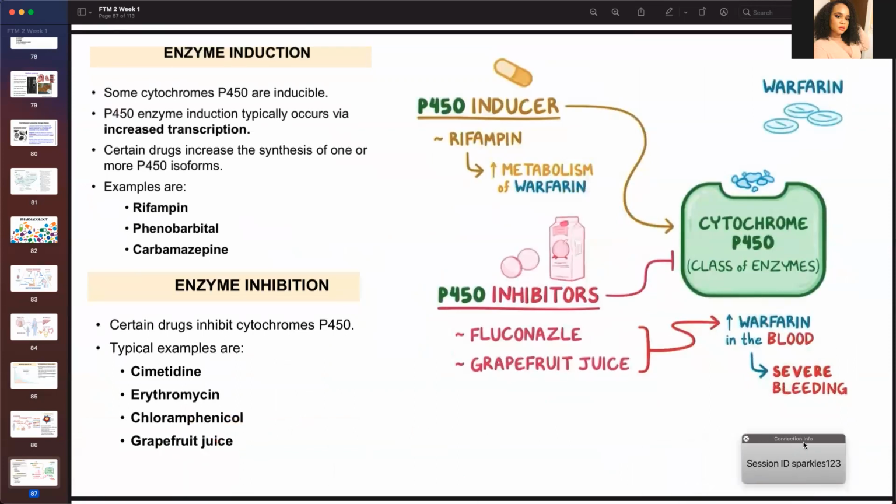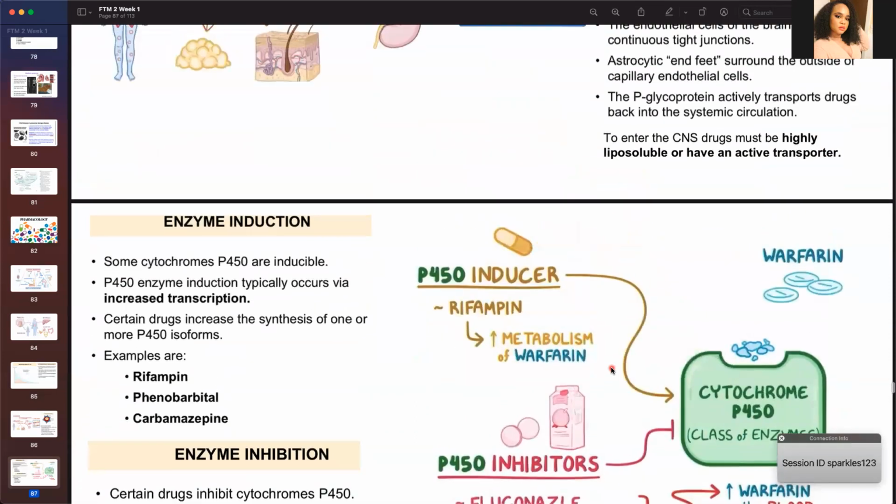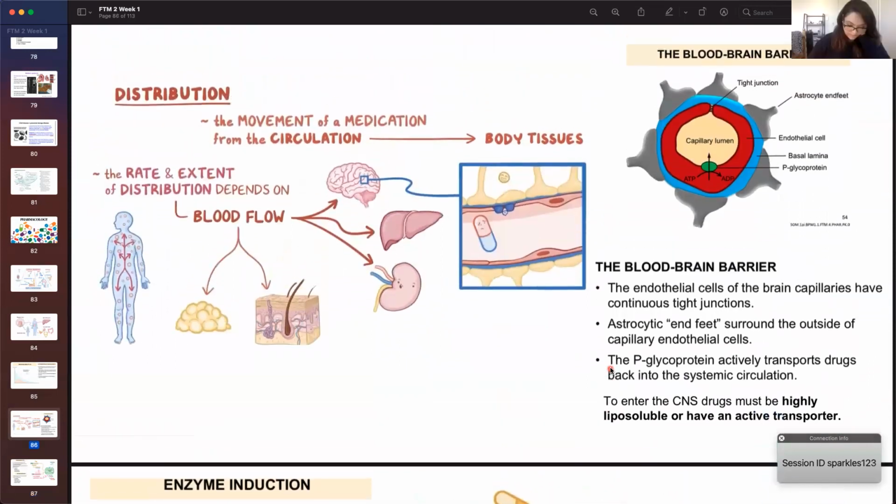So the P glycoprotein for the brain, it impedes drugs from getting inside? They shuttle drugs actively. It's pretty much saying, if you want this thing to move, you're going to have to use energy for it. So when you're talking about your P glycoprotein, these are things that really do need to be moved into the systemic circulation. And it's not just the brain that uses the P glycoprotein, I believe.